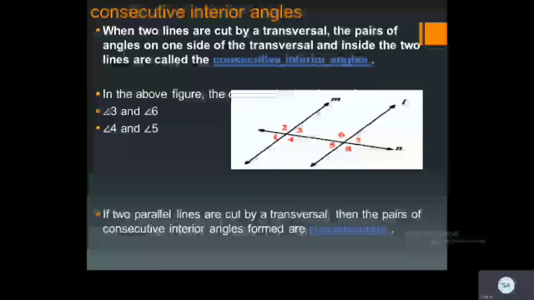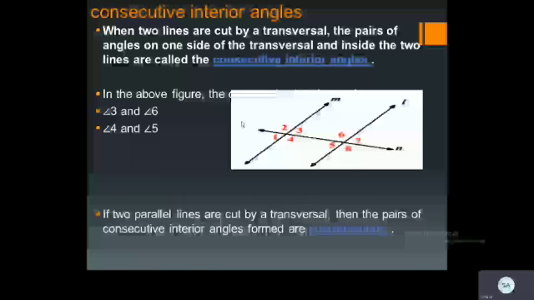Consecutive interior angles. When two lines are cut by a transversal, the pairs of angles on one side of the transversal and inside the two lines are called the consecutive interior angles. In the above figure, angle 3 and angle 6 are consecutive interior angles, and angle 4 and angle 5 are consecutive interior angles.